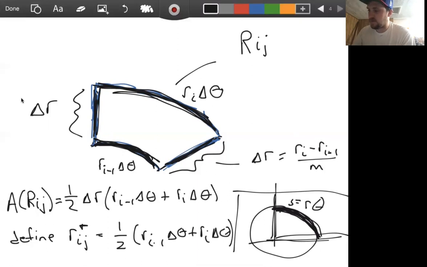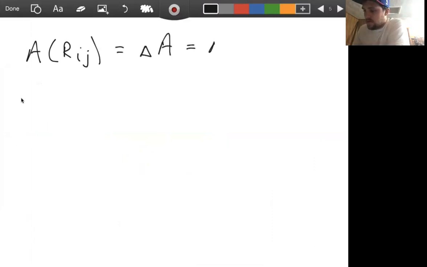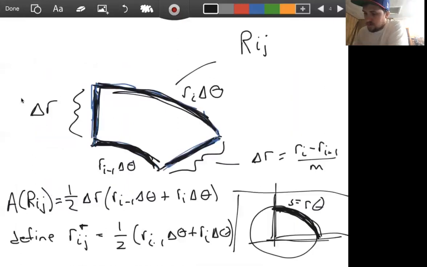And so our formula for the area of R_ij, which we'll call delta A, becomes delta R times R_ij star delta theta.